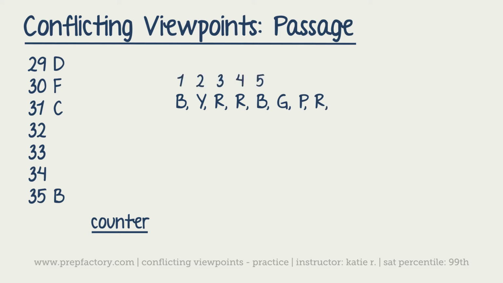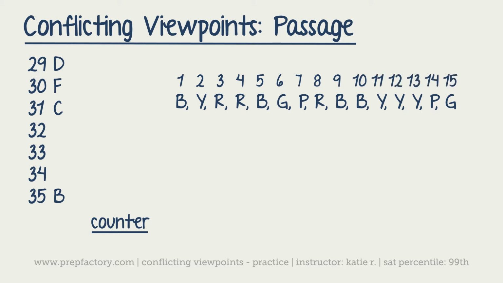Let's see, 1, 2, 3, 4, 5, 6, 7, 8. 2 blues to get up to 10. A yellow, a yellow, a yellow, a pink, and a green. So to get us to 15. So this is just a visual representation based on what they told us. So we have 15 balls.